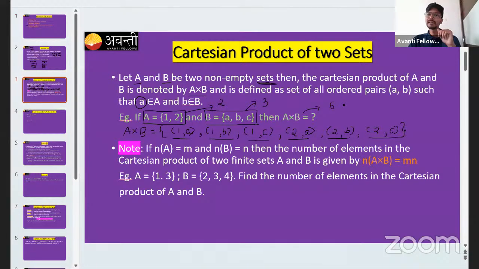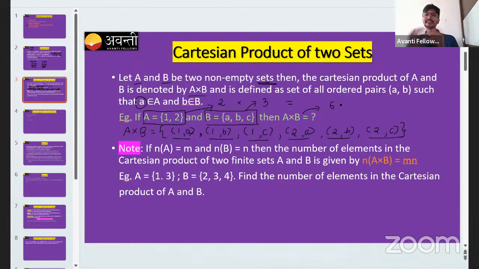So this was a very simple example, but in most cases, A will not have 2 elements. Suppose A has 10 elements and suppose B has 20 elements, and someone asks me to find the number of elements in A cross B. So can you tell me how it came? It is very simple. We just multiply 2 and 3. So if I do 2 into 3, then I will get 6.